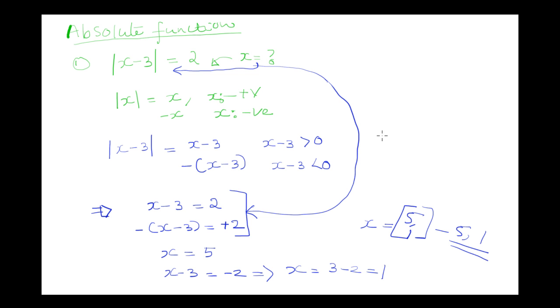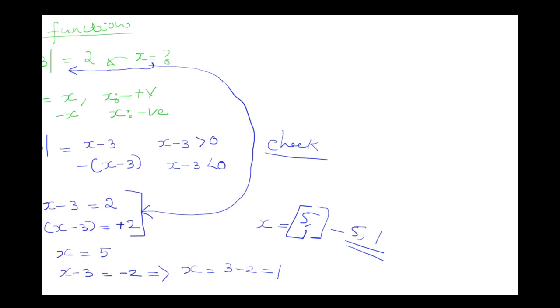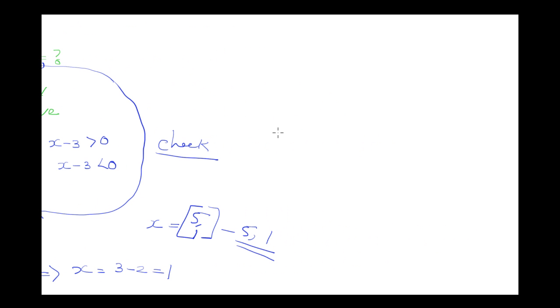The given question is absolute of x minus 3 is equal to 2. Let us plug in x equal to 5. What happens? Absolute of 5 minus 3 is absolute of 2.